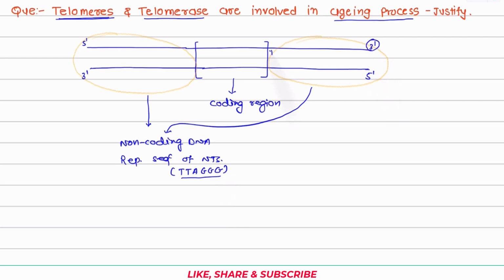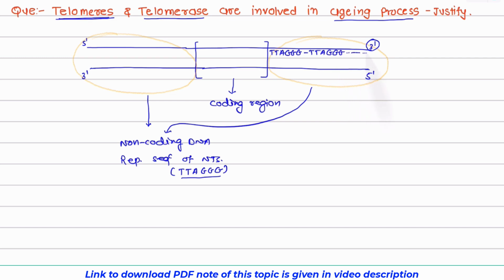So over here there is TTAGGG, again repeated, TTAGGG, and such repetition is around thousands of times. Similarly over here also at this 3' end, TTAGGG, repeated thousands of times. And it is obvious that on the opposite strand the complementary nucleotides will be present.